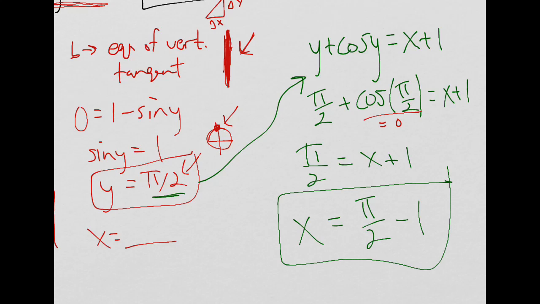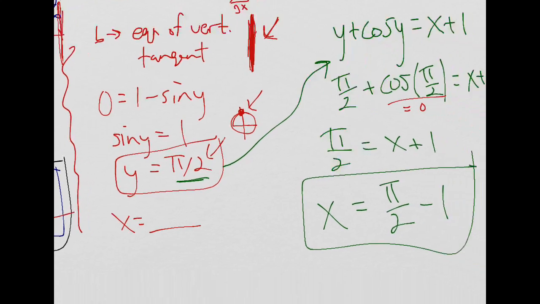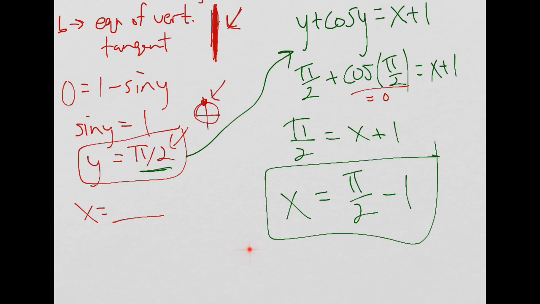Now this seems kind of anticlimactic, but that's actually my final answer, because as I said before, I needed to find the form x equals something, just like my example with x equal to 4. So I know that this is the equation of the vertical tangent to that original graph.